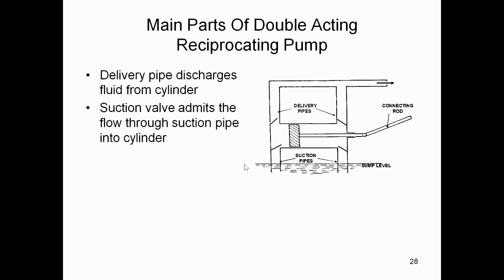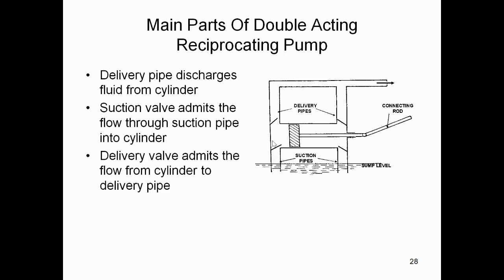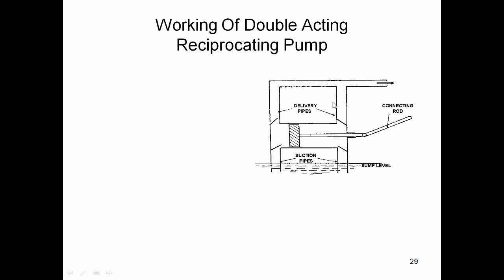Next, delivery valves, these two, D1 and D2. These two valves admit the flow of liquid from the cylinder to the delivery pipe, which is going to be discharged.